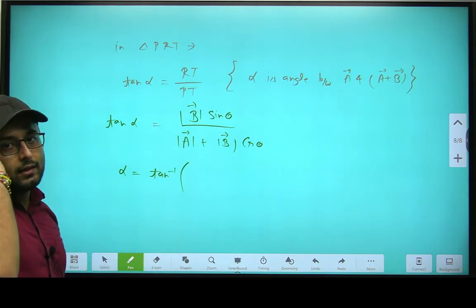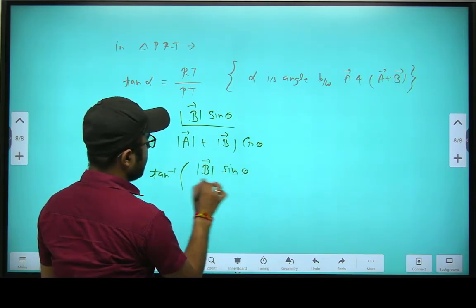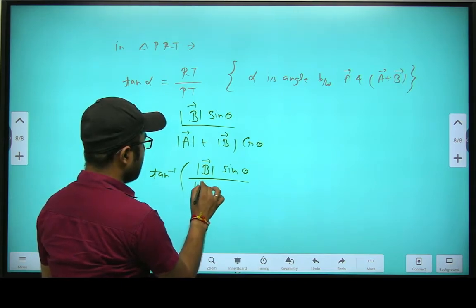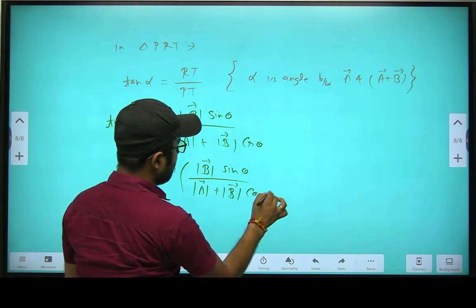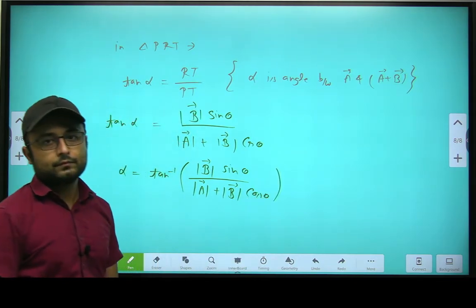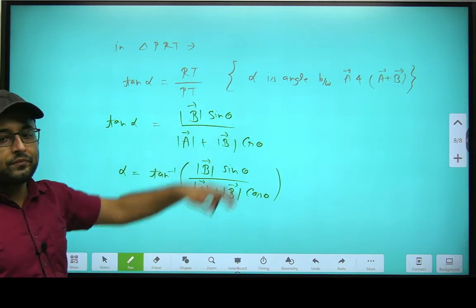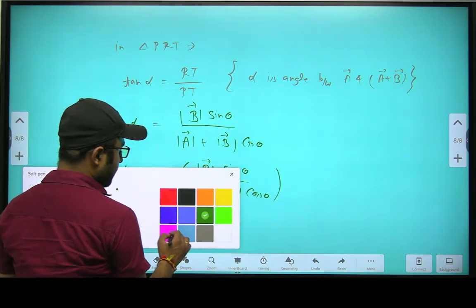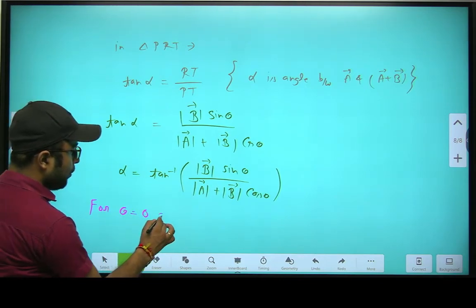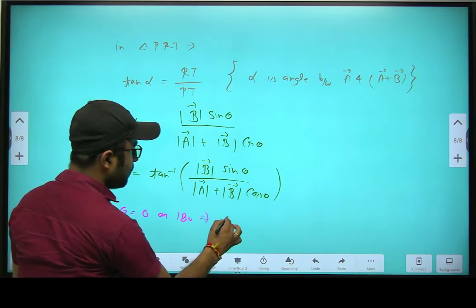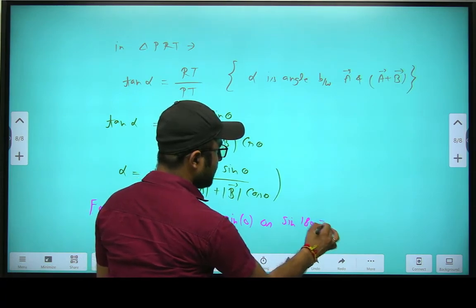Alpha can be written as tan inverse of mod B sin theta upon mod A plus mod B. So again, if theta is 0 or 180, we know sin 0 or sin 180 is equal to 0.